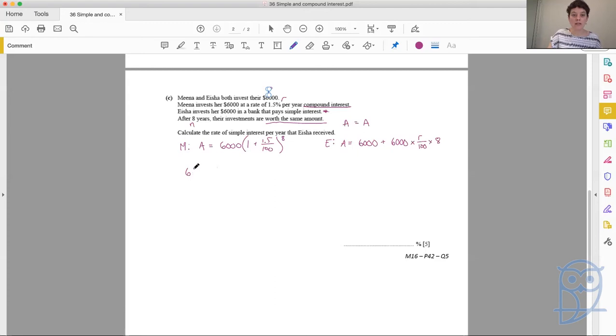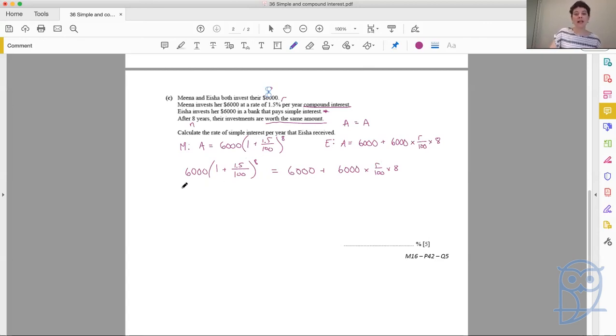So we know that 6,000 times 1 plus 1.5 over 100 all to the power 8 is going to equal 6,000 plus 6,000 times R over 100 times 8. And now you see we've built an equation and we have only one thing that's unknown, our R that's sitting here. So we can go ahead now and solve for R.